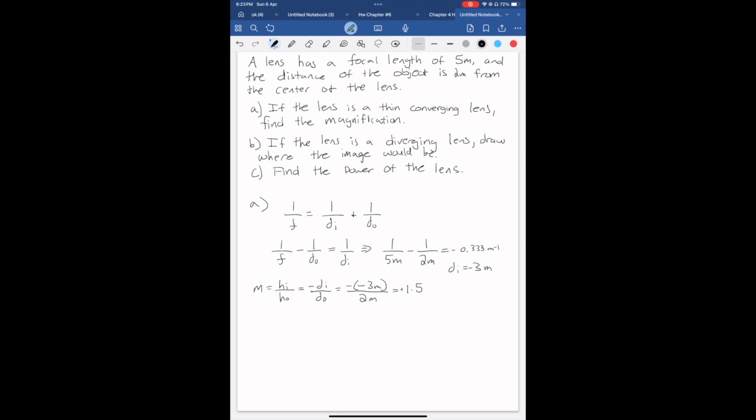So what do we do with this information? Well, let's draw our diagram. So this is our converging lens, or our convex lens. We're going to draw our principal axis, and the center line. It goes across the center point.